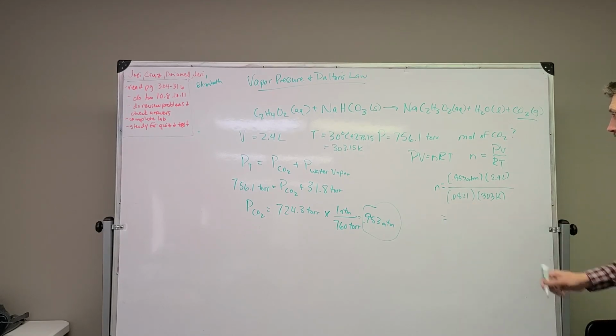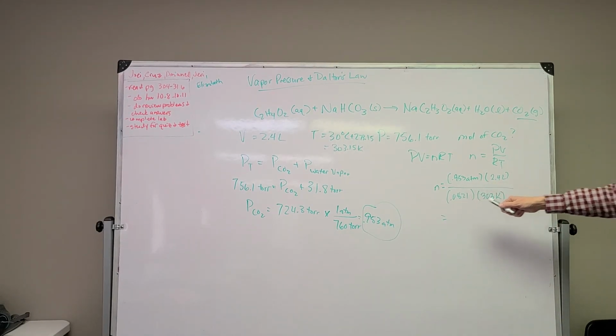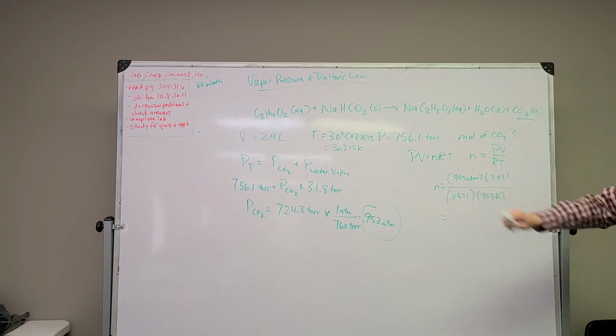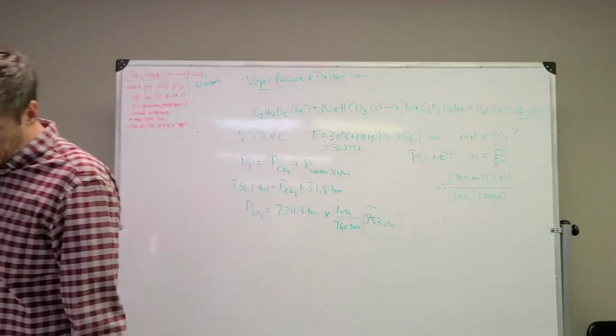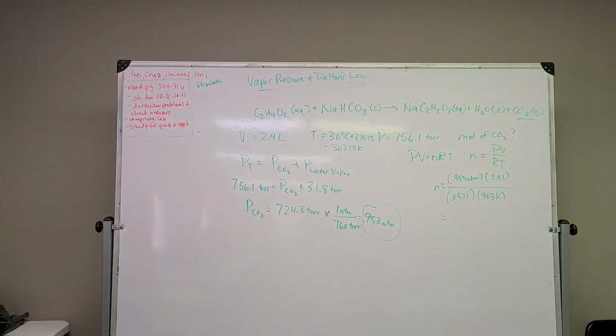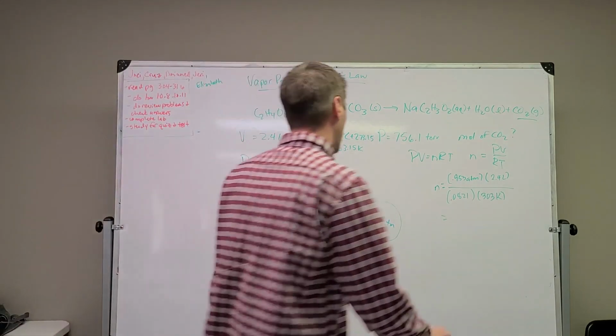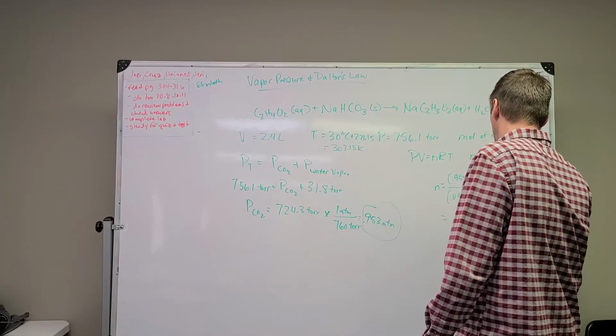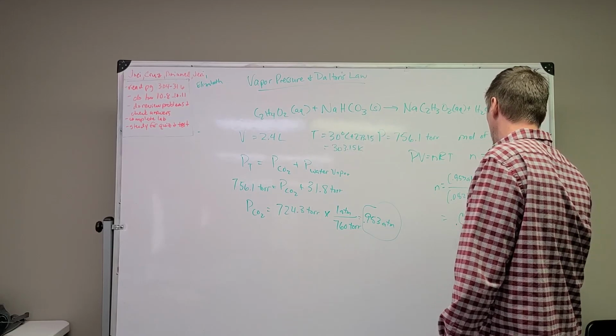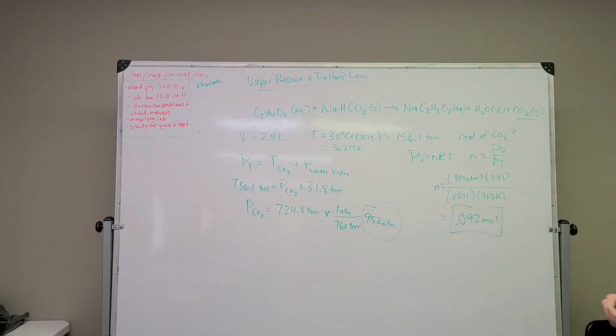And we just double check our units real quick, remembering the units of the ideal gas constant. We got ATMs, liters, and Kelvin, so those match up. We should be good. And we punch that in our calculator and we get 0.092 moles. That's our final answer.